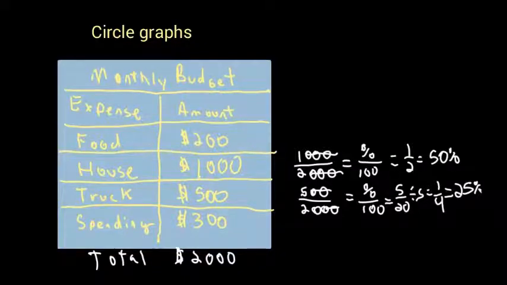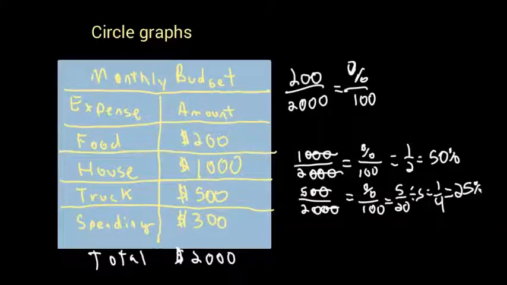So the food and spending, I left those because those are going to be a little bit more work. So we'll start with food. So the food is going to be 200 over 2000, which equals my percent over 100.